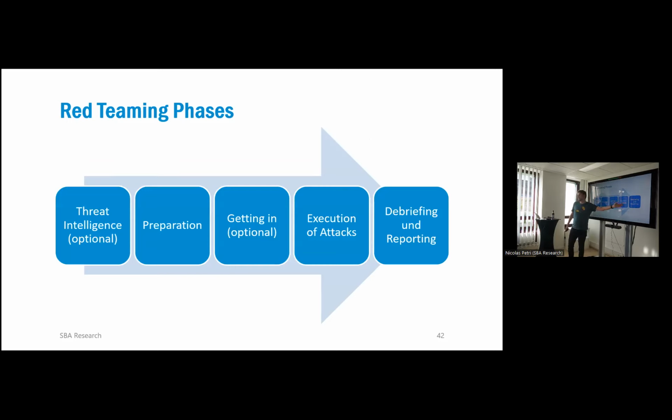Then of course the red team does some attacks, because this is basically what they do. And then you have the most important and most fun step of reporting and debriefing. Maybe some people don't like it, but it's probably the most important one, because if you cannot write reports, nobody will buy your red teaming service again.